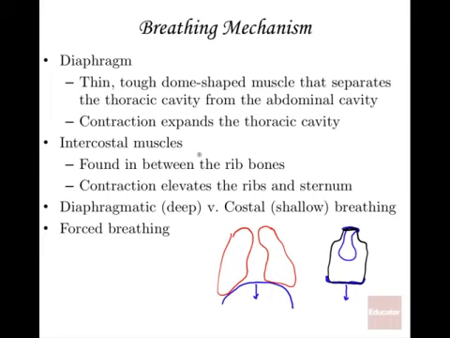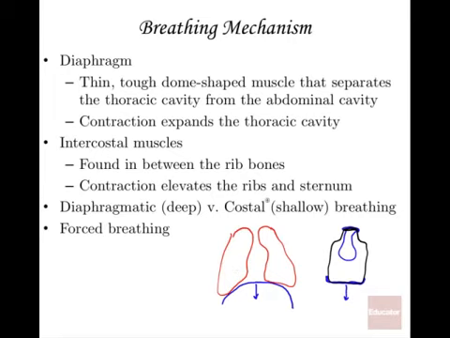The intercostal muscles are another part of the breathing mechanism. When I'm doing more shallow breathing, I'm not making as dramatic a contraction and relaxation of my diaphragm. There's also all the muscles in between the ribs of my thoracic cage.